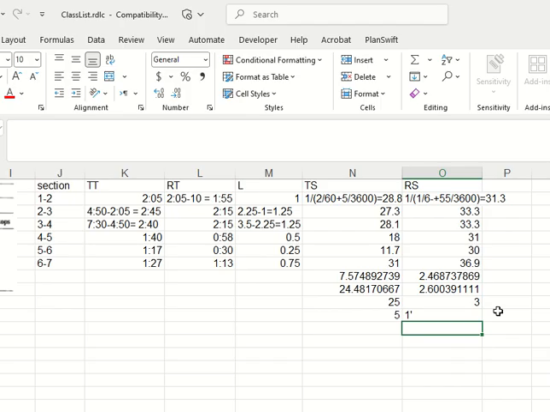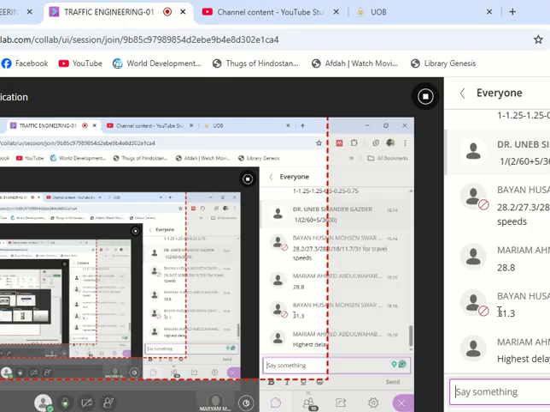Now the question is, if you are doing this, then how many samples would you go for? Will you go for the 25 or will you go with 3?